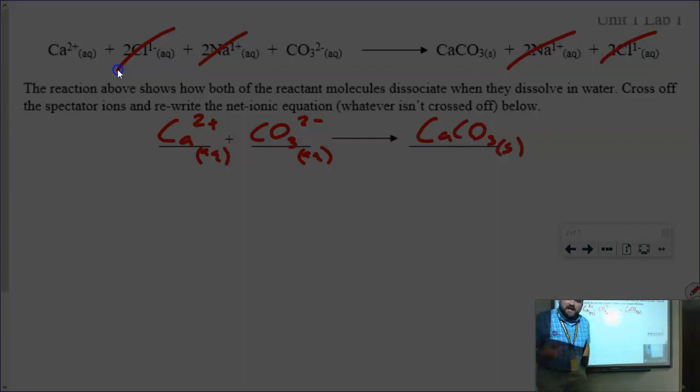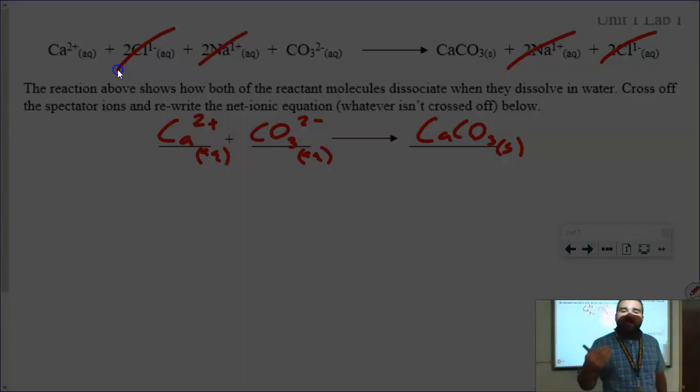That's our precipitate. That's the reaction we care about. So this is called a net ionic equation. It's showing only the parts of this chemical reaction that actually changed, right? The sodium, the chloride, they were both there, but they didn't do anything. They're spectator ions. We cross them off.